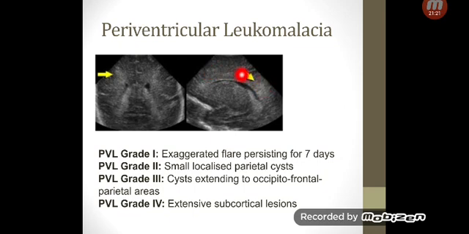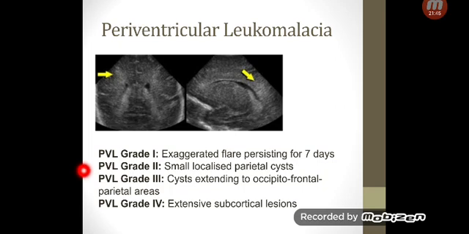So a flare happening here for more than 7 days can be PVL. An exaggerated flare happening here for more than 7 days is PVL. But a normal flare here, no matter how long, is normal. And here you're not allowed to have normal flares usually, except with premature brains sometimes.